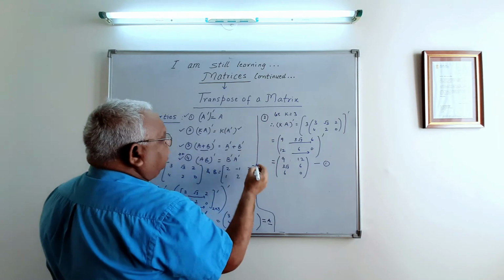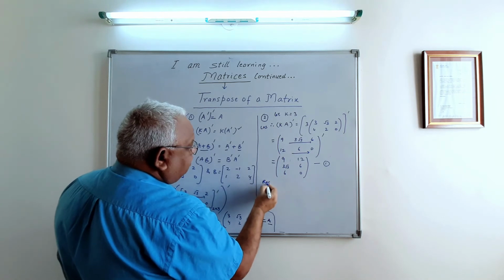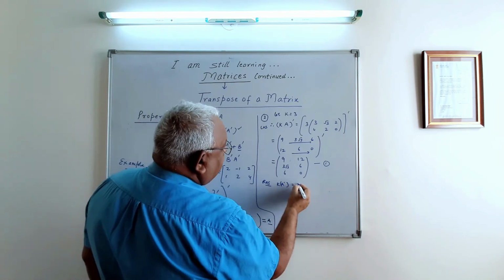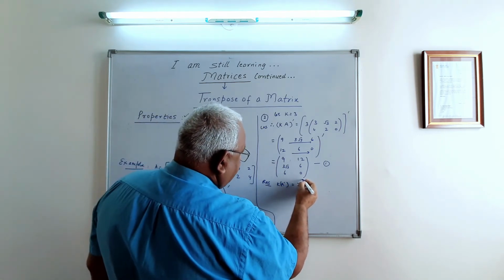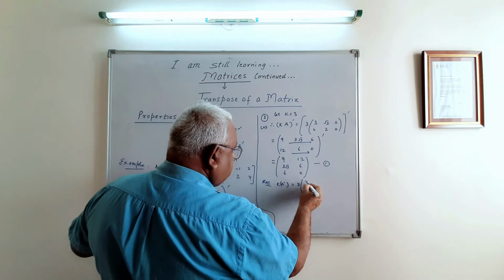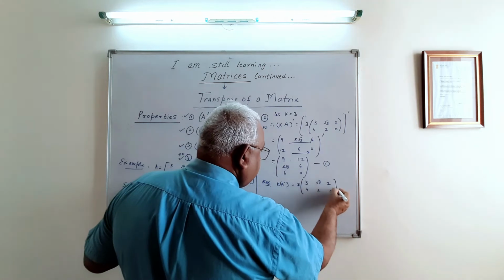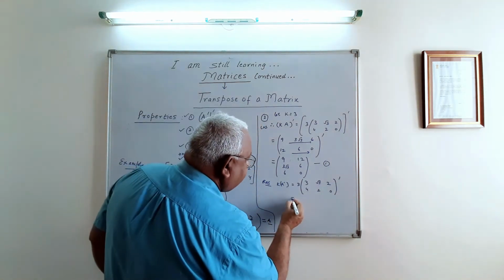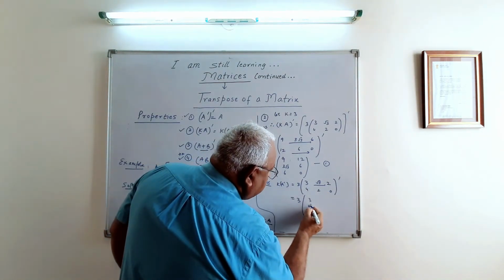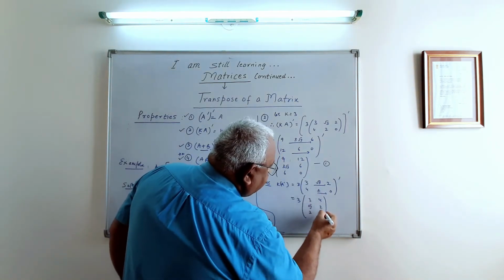Now we need to verify the right hand side. This is your left hand side. Now let us do the right hand side. K times A transpose. So it will become 3 times A transpose, that is [3, root 3, 2; 4, 2, 0] transposed. The first row becomes the first column, and the second row will become the second column.